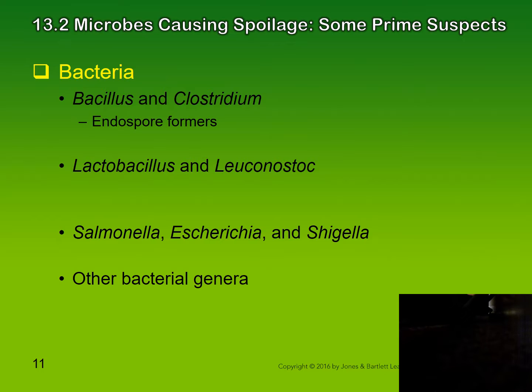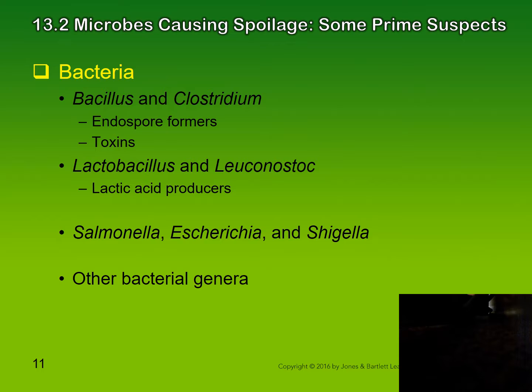The thing about Bacillus and Clostridium species is that they always form spores: Bacillus forms spores aerobically and Clostridium forms spores anaerobically, and both of them also produce toxins.